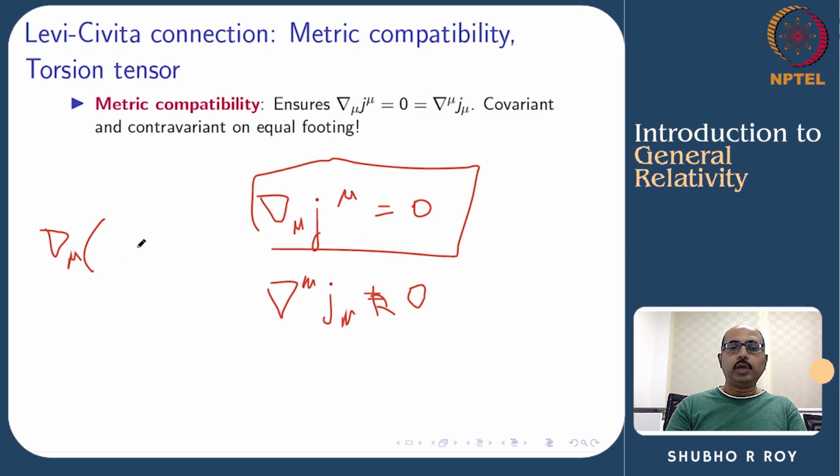So this J_mu I can write using the raising and lowering operation as g_mu nu with J index lowered.